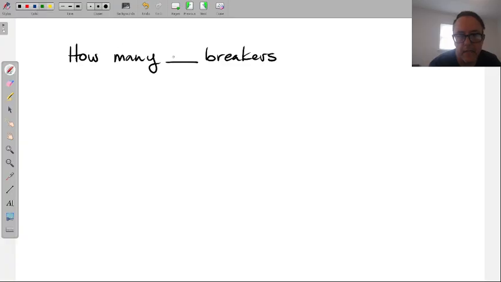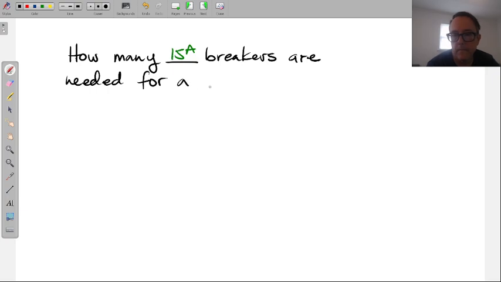Let's just put 15 here for now, but as a reminder, this can change for the exam. How many 15 amp breakers are needed for a square footage? I guess we don't need the A.